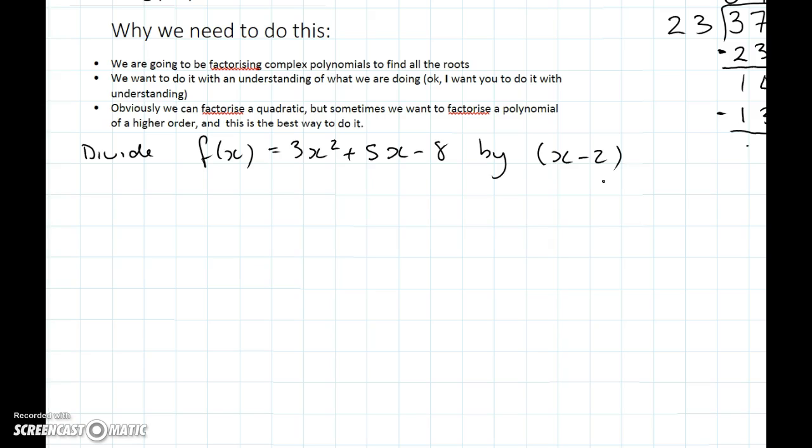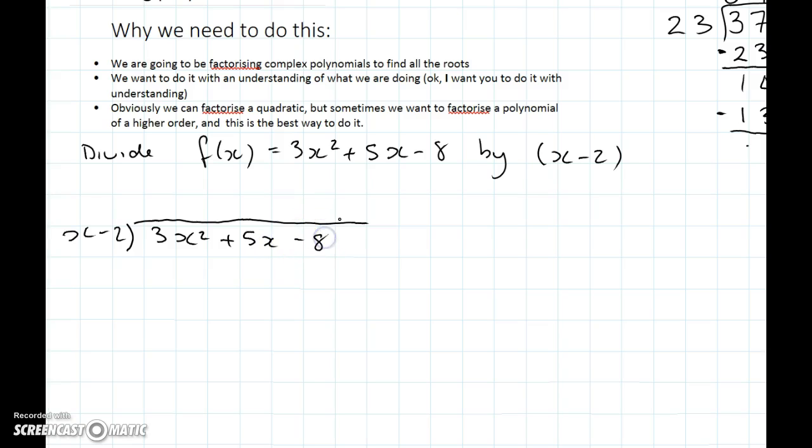Well, I'll set up my division in the same way as I did before. Need a lot more space. And this is 3x squared plus 5x minus 8. Now, you want to keep all your lines really neat and keep everything in order, and that would be helpful.